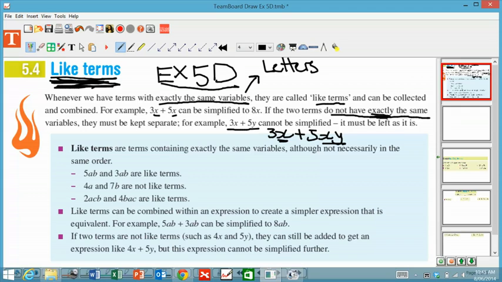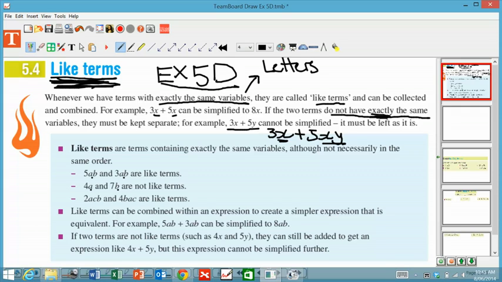Like terms are terms containing exactly the same variables, although not necessarily in the same order. So the order does not matter. For example, 5ab and 3ab are like terms. They've got exactly the same letters in exactly the same order. 4a and 7b are not like terms because they've got different letters in them.